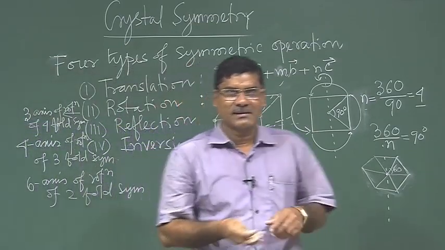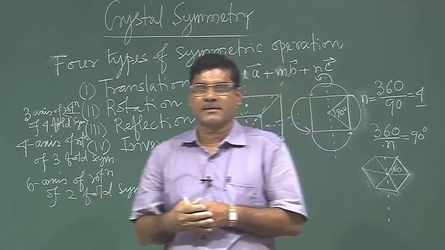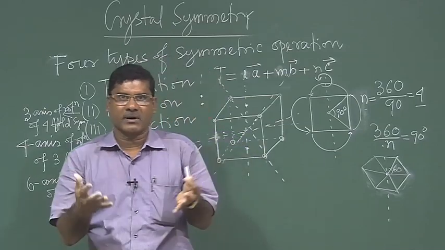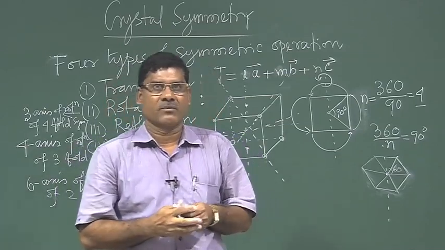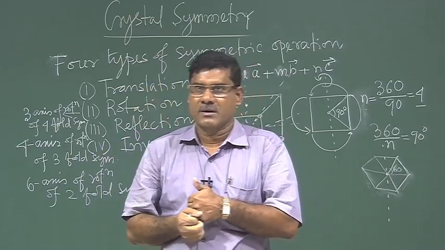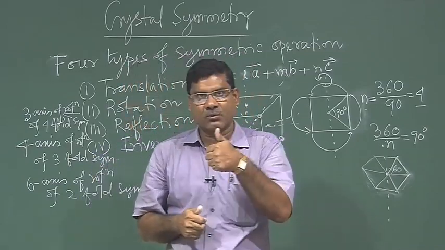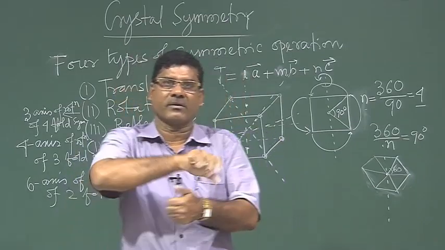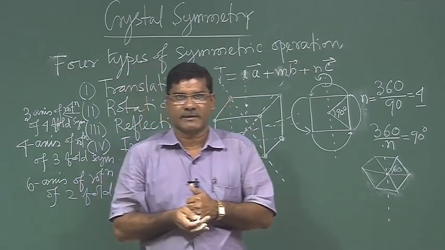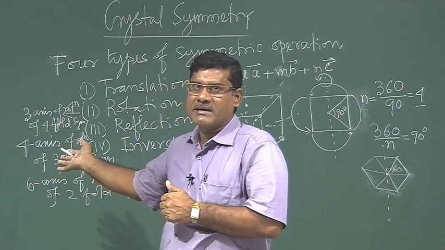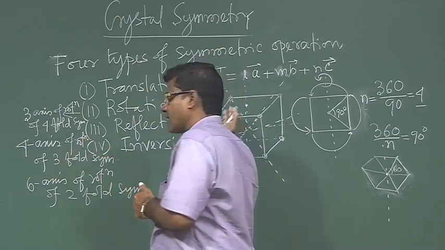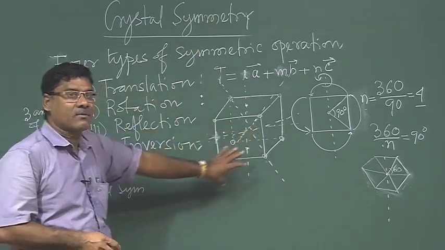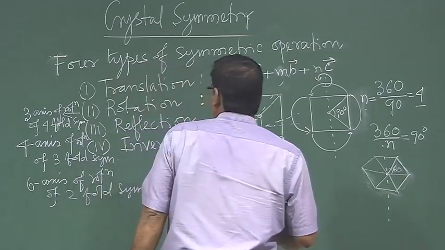So, rotational symmetry, what is rotational symmetry? It may have manifold symmetry. So, for a particular crystal system, we have to find out the first axis, and with respect to that axis, you have to see how many fold symmetry there are. Here I have taken one example of a cubic crystal, and I am trying to find this out in detail.